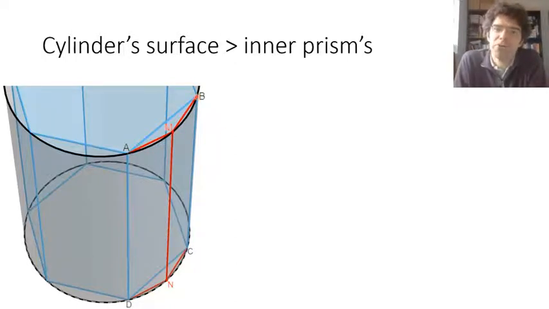Now, suppose that the difference in lengths, AM plus MB minus AB, suppose that difference is delta.